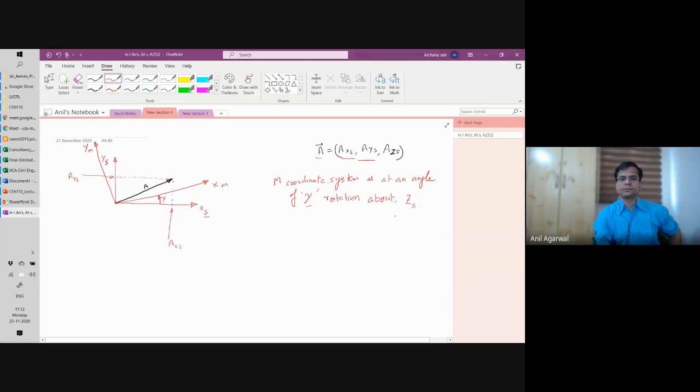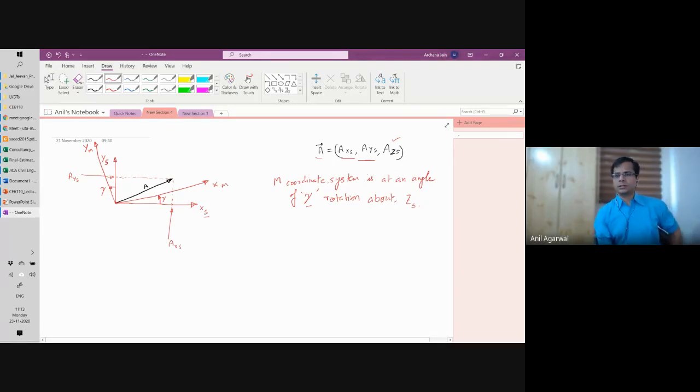So if we rotate it about the Z axis, what I've done is I have rotated XS and YS by a gamma angle about the Z axis, ZS. And if I have done that, the projection of this vector in the Z direction will not change, right? So my AZS value will not change. It will remain as it is because I have not rotated my Z axis. My Z axis is still in the same location. However, my X and Y have changed.